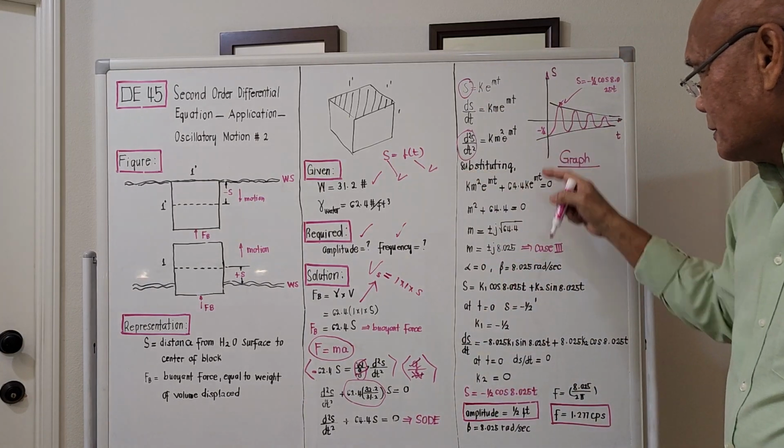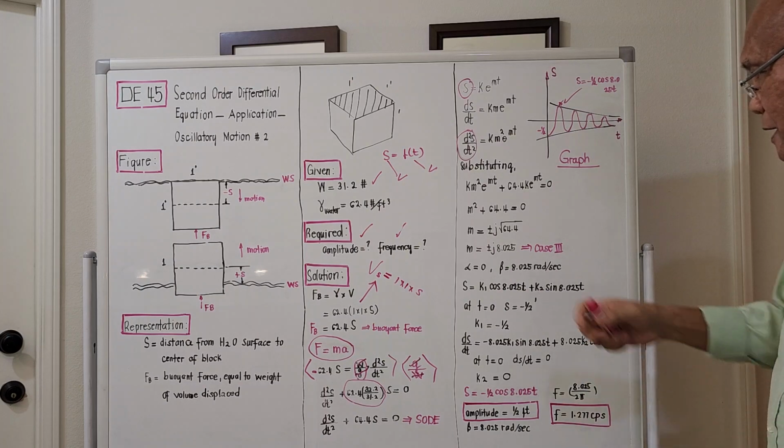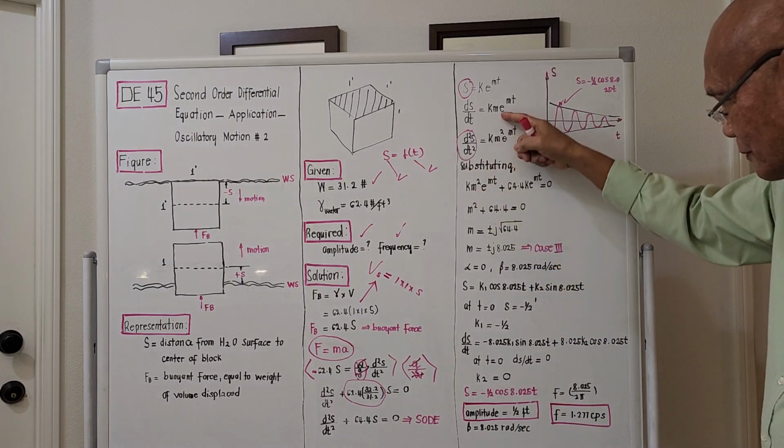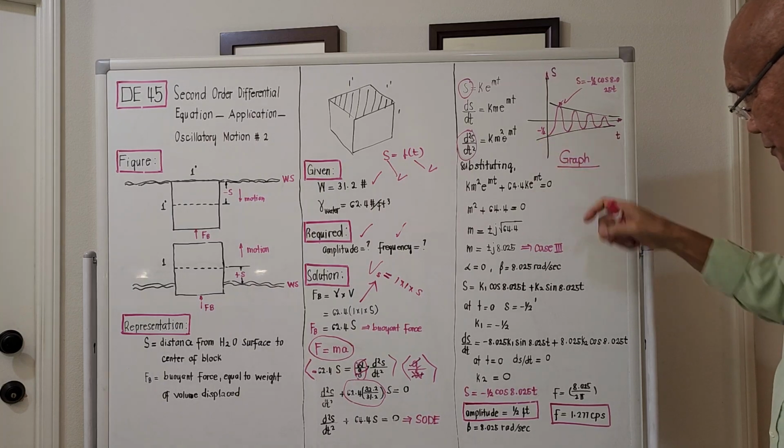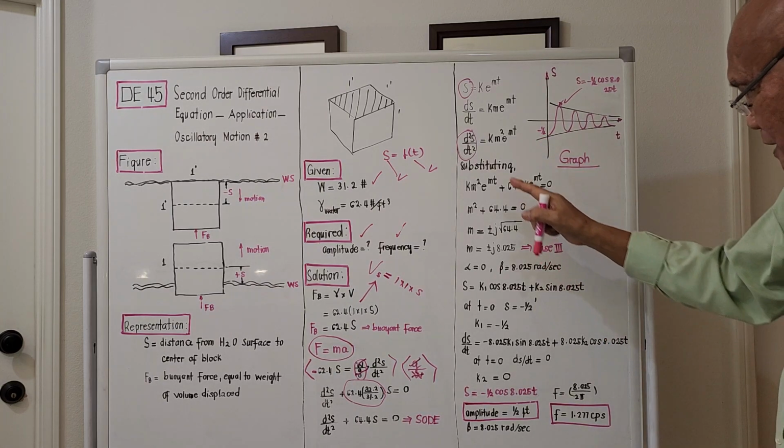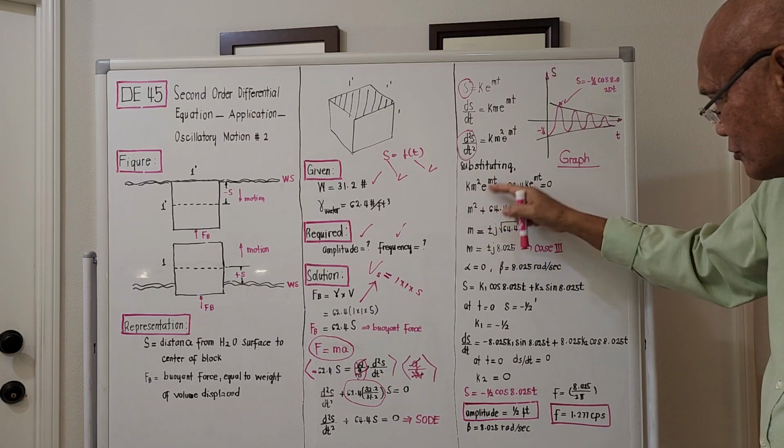Substituting, it will be km squared e to the mt plus 64.4 k e to the mt equal to 0. There is a common factor k e to the mt.